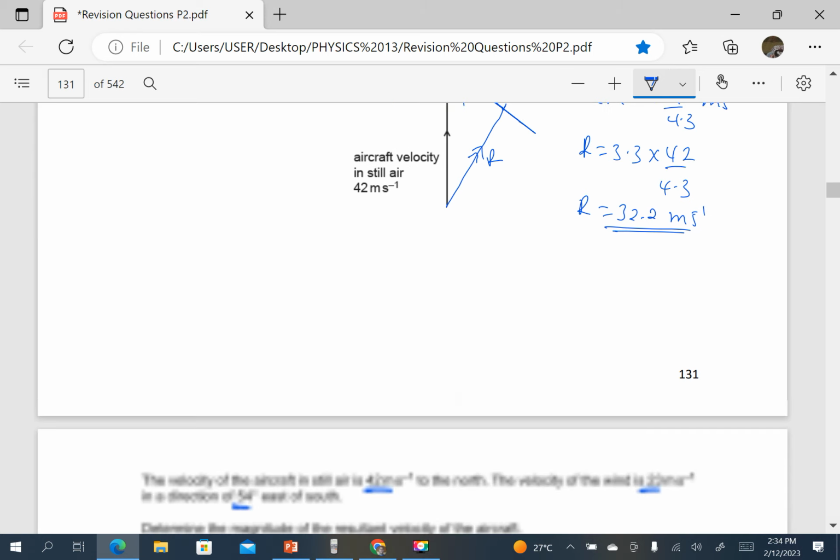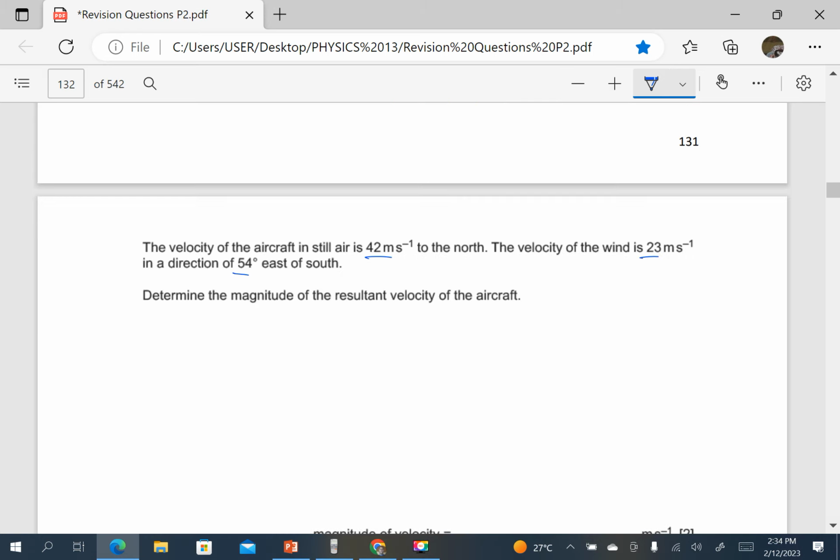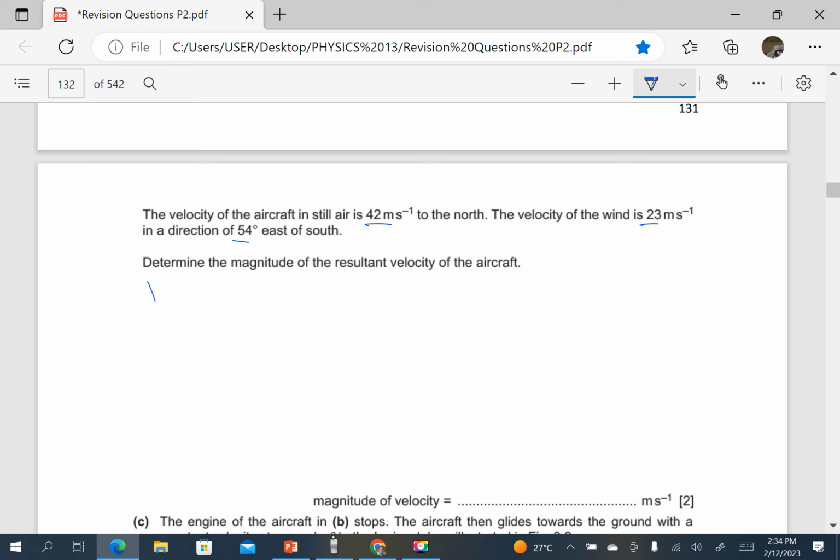Okay, so if that is 52 degrees, using the cosine rule, V of the resultant is going to be the square root of 42 squared plus 23 squared minus 2 times 42 times 23 cos 54.